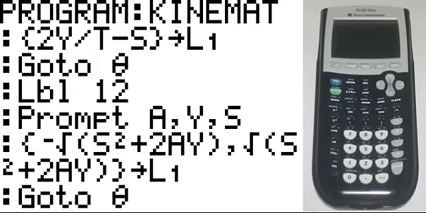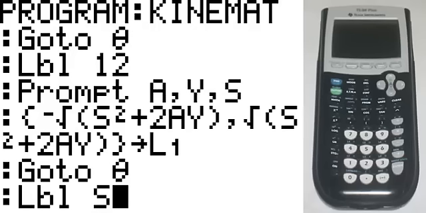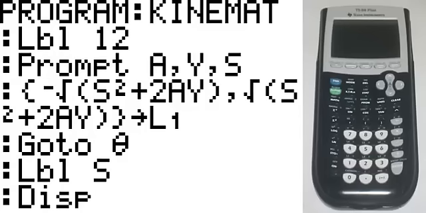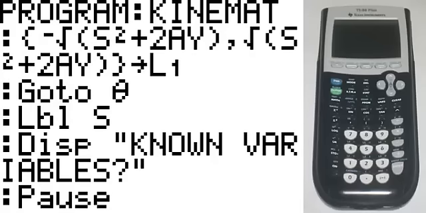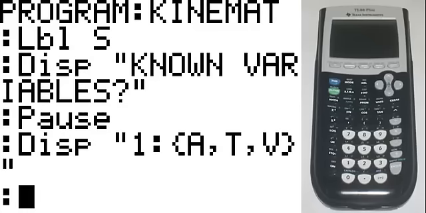And then we're going to do label S for the initial velocity section. Display known variables. Then new line, pause. Display in quotations "1: (a, t, v)".